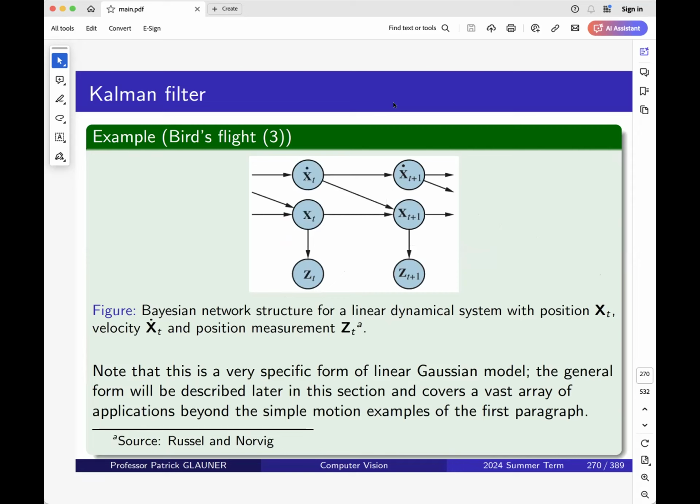And this is exactly what we have done in the previous equation, because we said xt plus 1 depends on xt and the velocity. And then we have our measurement, which depends on the real world, but we only know the measurement and we want to estimate the real world. This is how you have to read this Bayesian network.